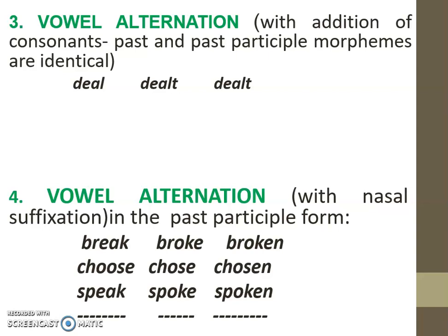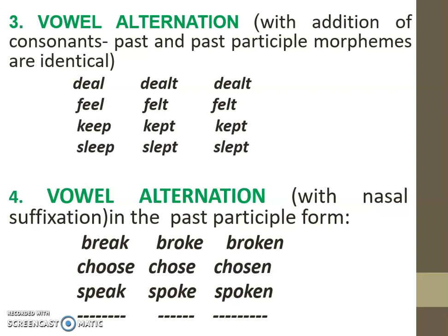Now, deal, dealt, dealt. Feel, felt, felt. Keep, kept, kept. Sleep, slept, slept. What's happened here? There is vowel alternation because the fleece, deal, changes to the dress.